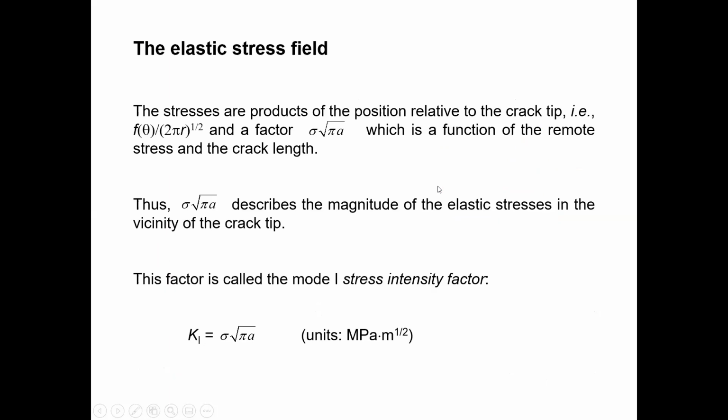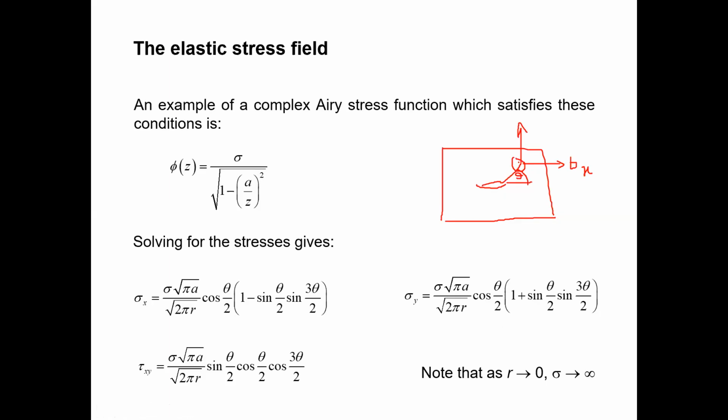And yeah, the stresses are a product of the position relative to the crack tip. Now you know that. So the stress we can find out at any point is a function of r and theta. That means the location, the distance from the crack tip.